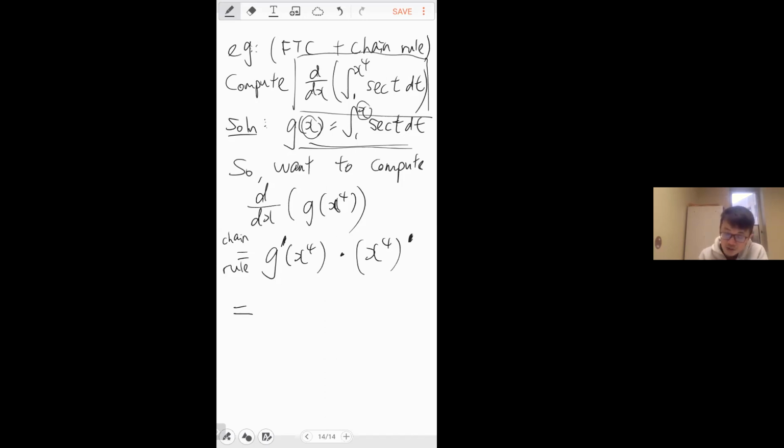And then the g function was defined to be the integral. So by the fundamental theorem of calculus, g prime would be the derivative of that, which is just the secant function, right? Because that's inside the integral. But then it's not exactly that. From chain rule, we know that we need to plug in x to the 4.